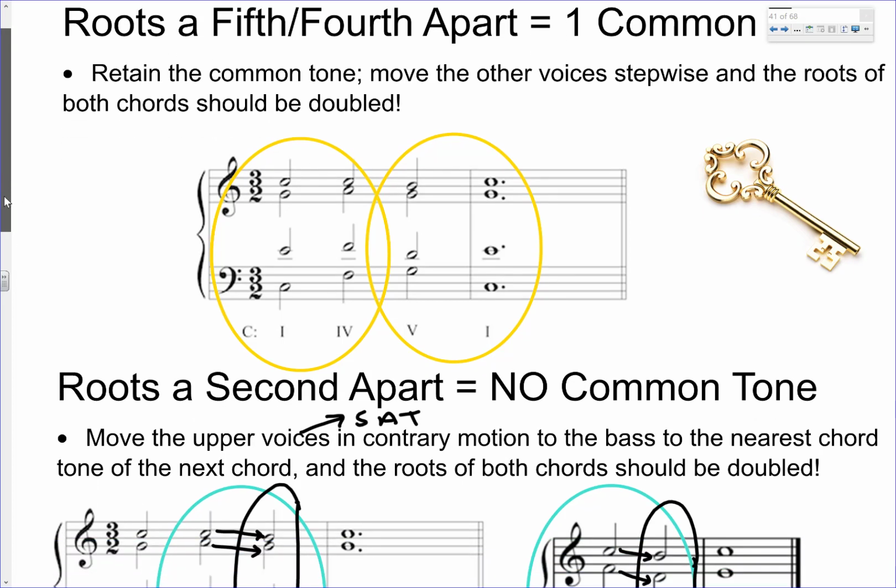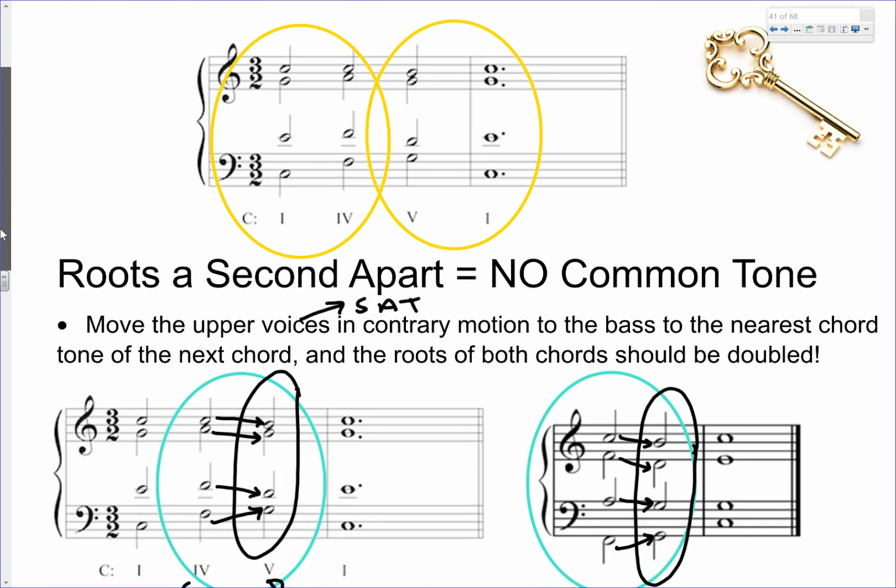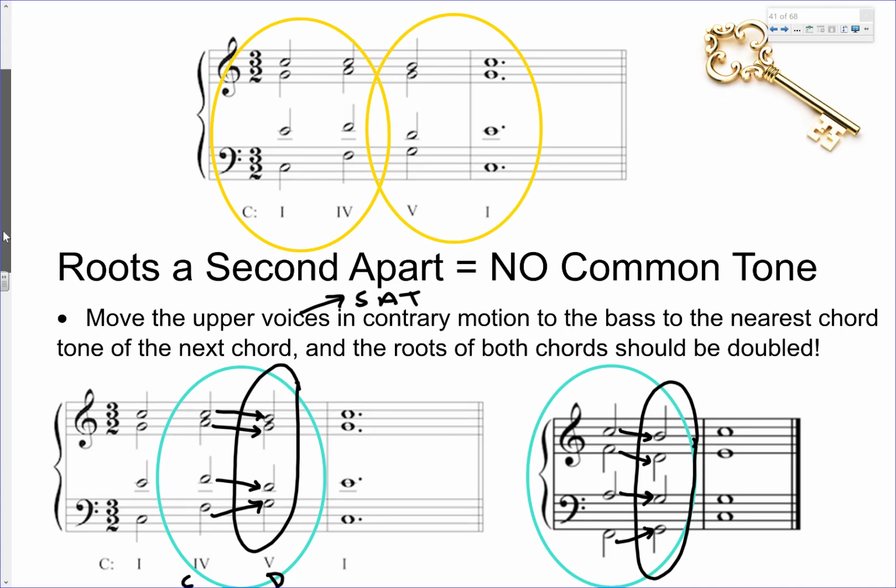The second principle we just went over is when you have roots whose bass motion is a second apart, there will be no common tone, so you'll need to move the upper voices, that is soprano, alto, and tenor, in contrary motion to that of the bass, to the nearest chord tone of the next chord, and the roots of both chords should be doubled.